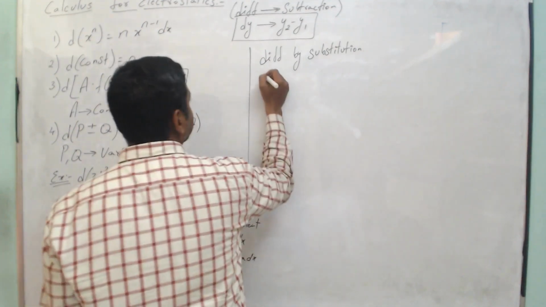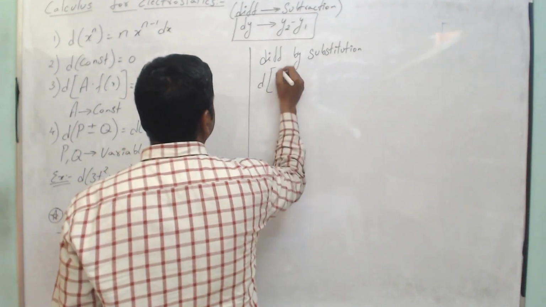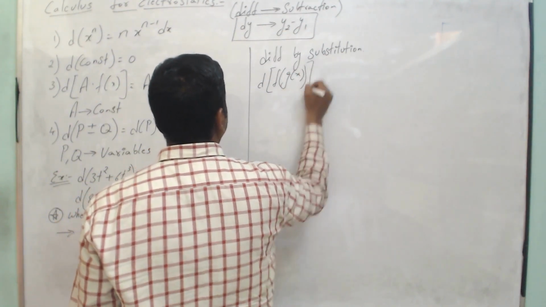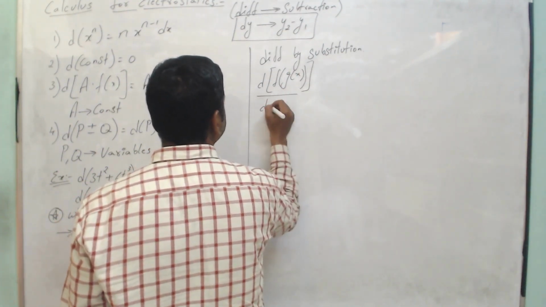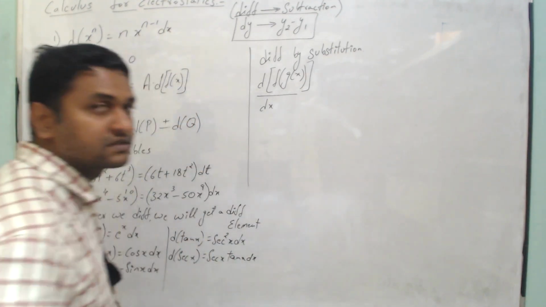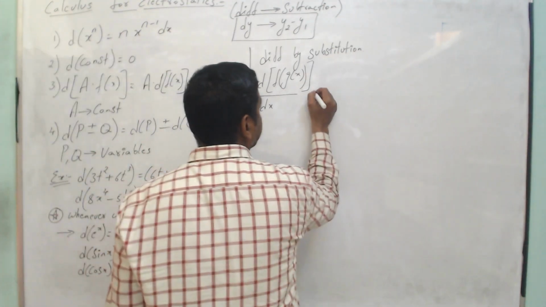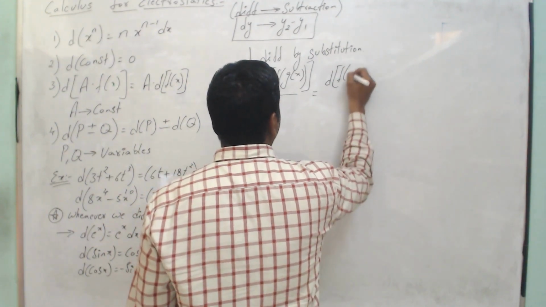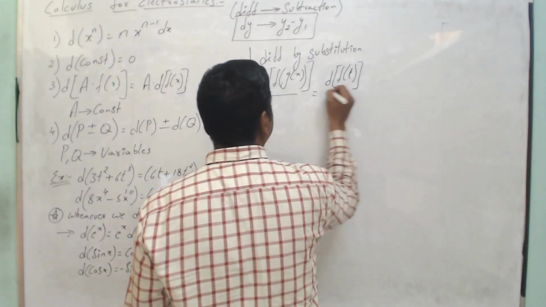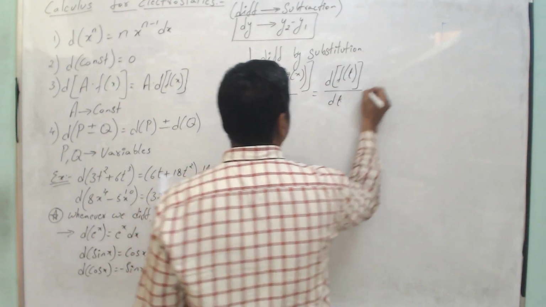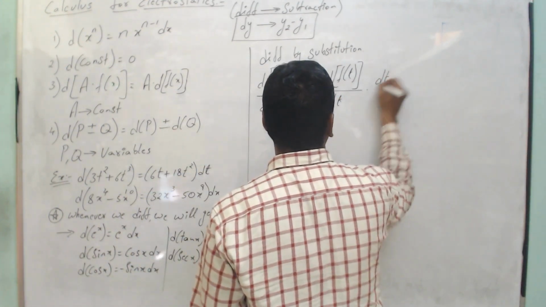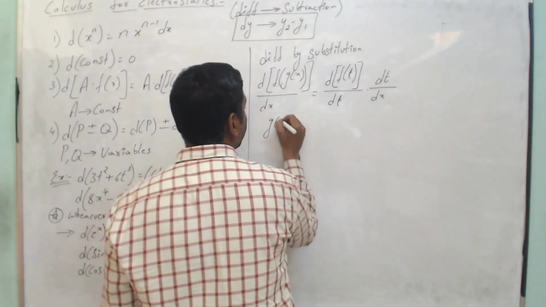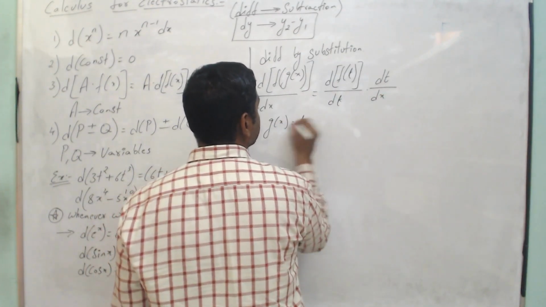So simply if we have differential of some function f of g of x, but we are differentiating it with respect to x, then I will write this as f dash of g of x, that is df of t by dt into dt by dx. Basically, I am substituting g of x as t.